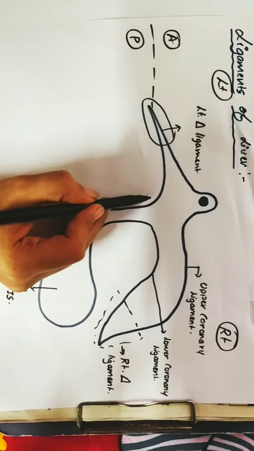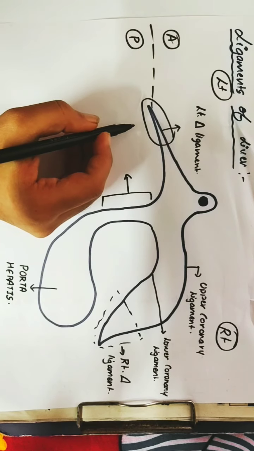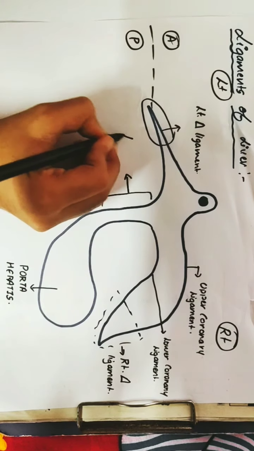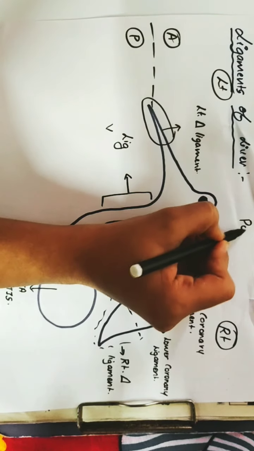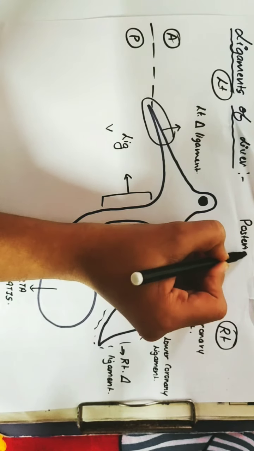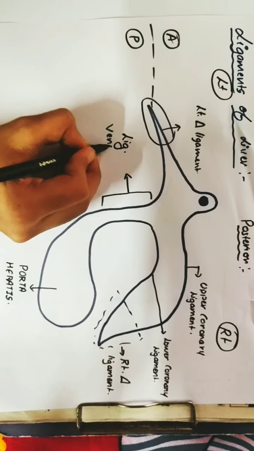Next, this part of the J-shaped structure is called ligamentum venosum. Since this is the posterior part, this is called ligamentum venosum.